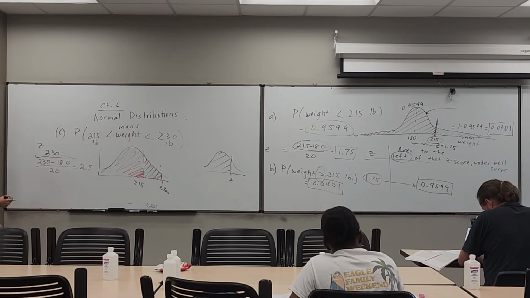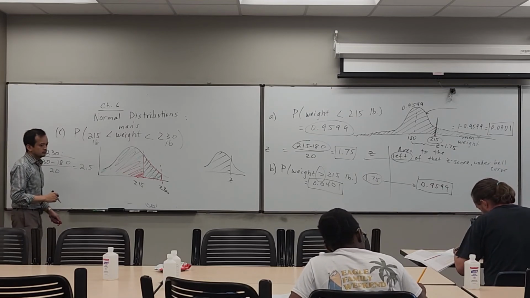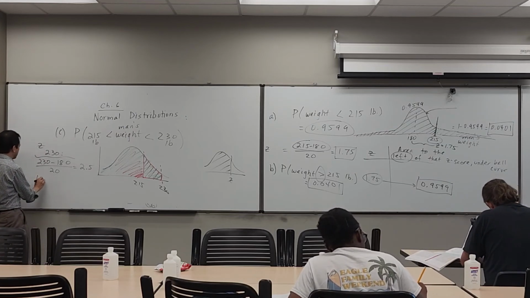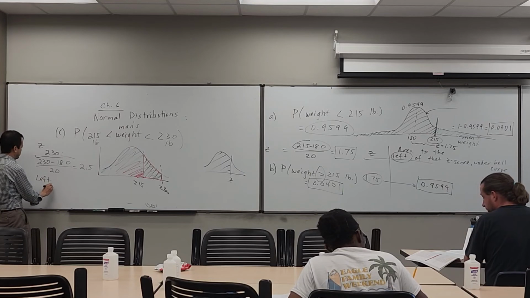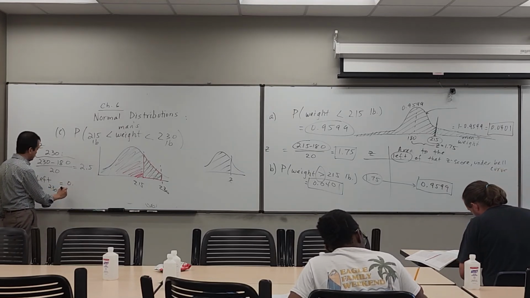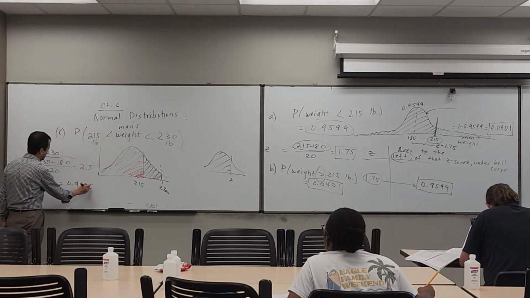Once we get a z-score of 2.5, we're going to look it up in the chart. 0.9938. So the left area from the chart for data point 230 ends up being 0.9938. Okay, nice.